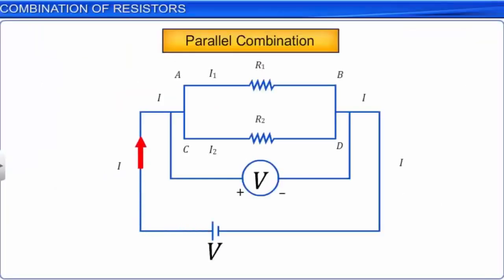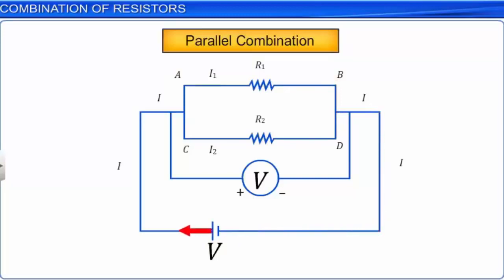Now let us consider a parallel combination of resistors AB and CD with resistances R1 and R2 connected as shown to a battery of potential difference V. The equivalent resistance Req of this parallel combination is obtained as follows.